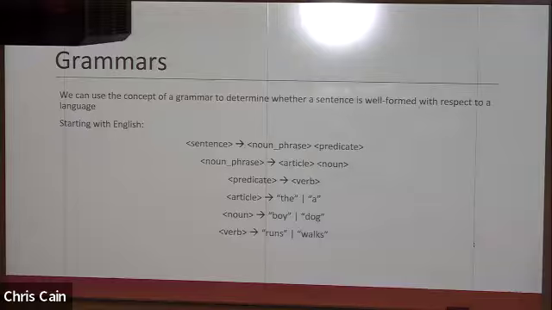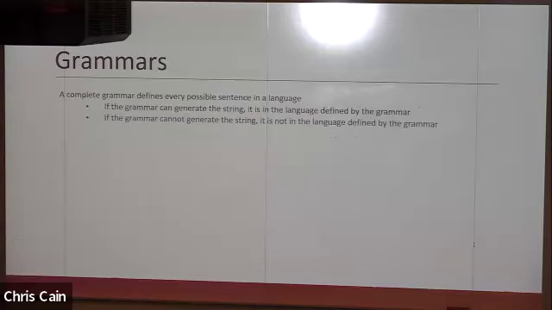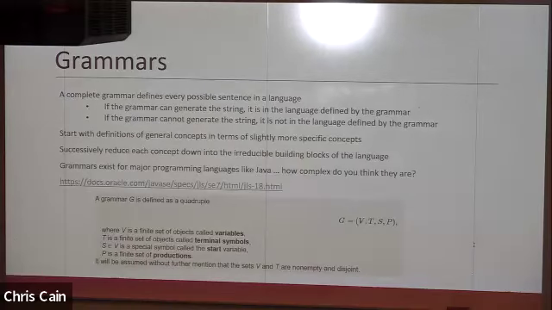They're the concept of objects that are not primitives in a programming language. T is the set of objects we're going to call terminals. These are the strings: the, boy, dog, runs, walks, a. Those are your terminal symbols, or in a programming language, your primitives.